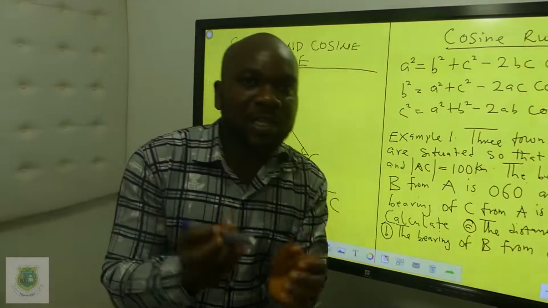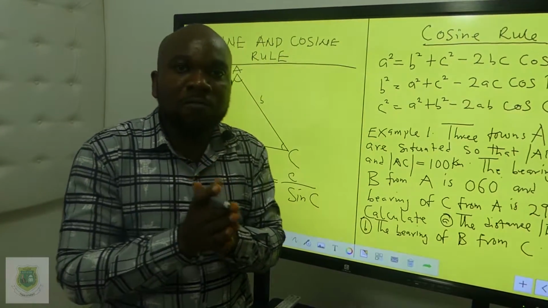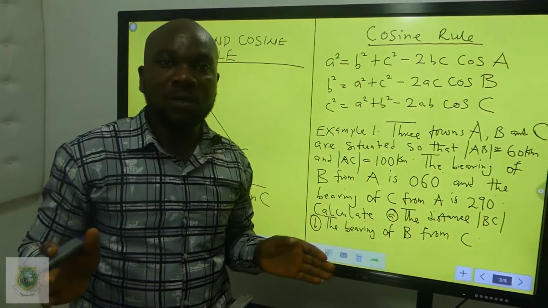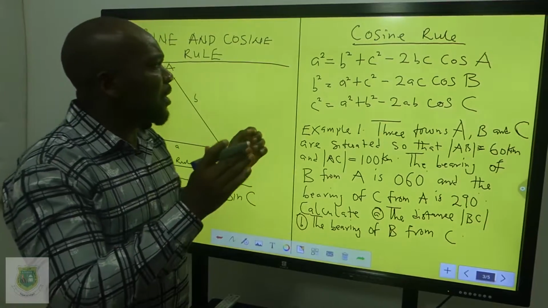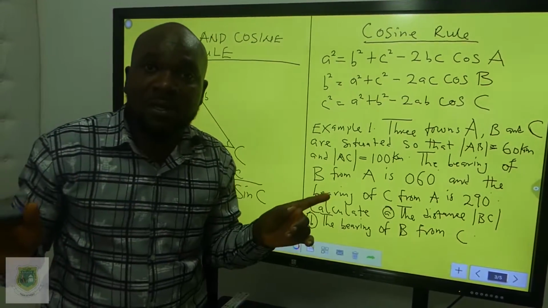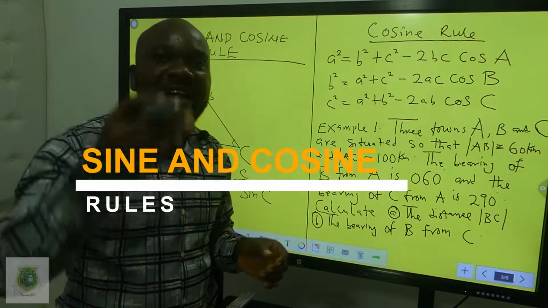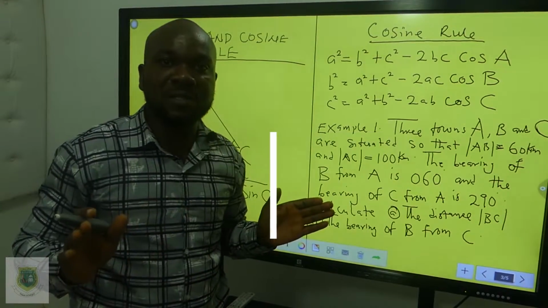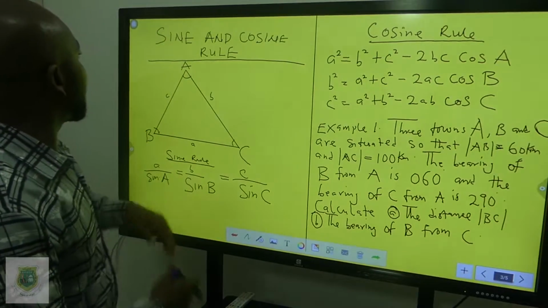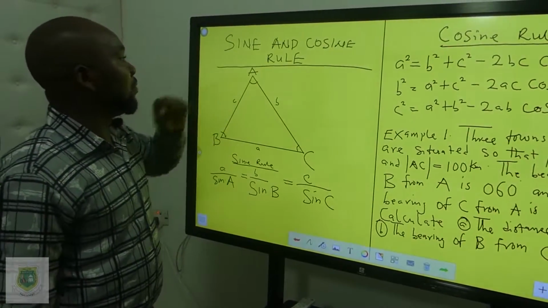Before we can solve bearing problems, we need to understand the sine and cosine rule, so let us revise what they mean.